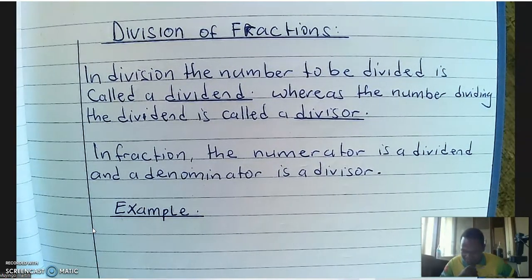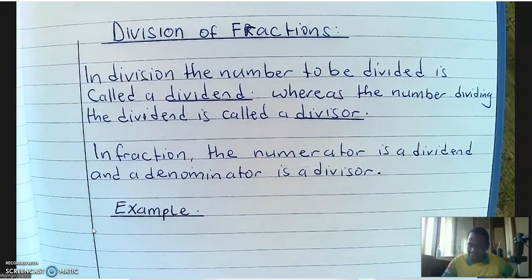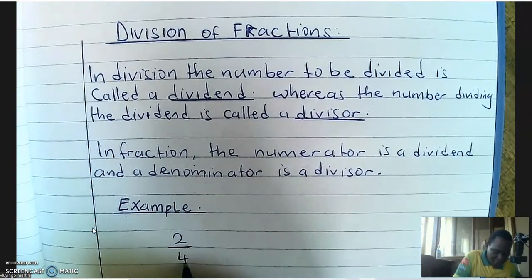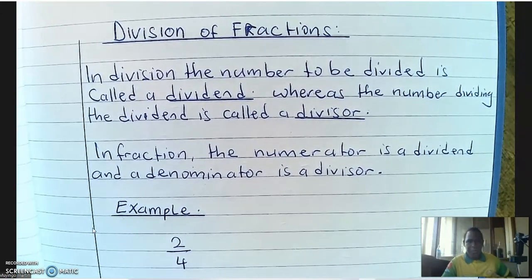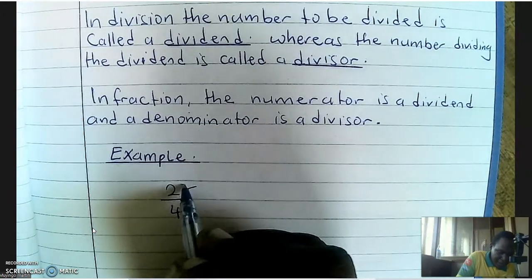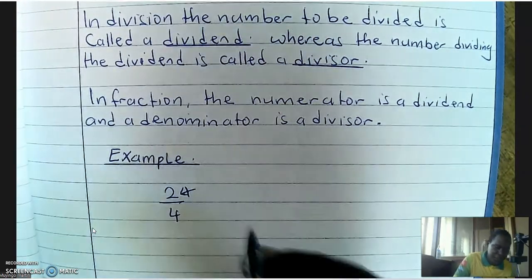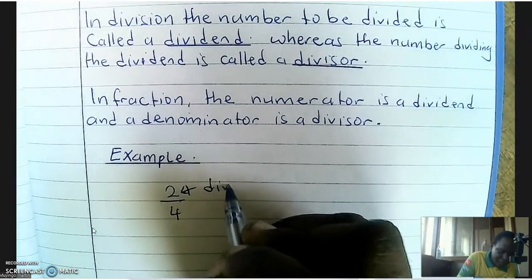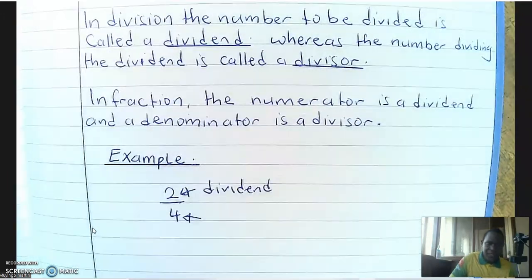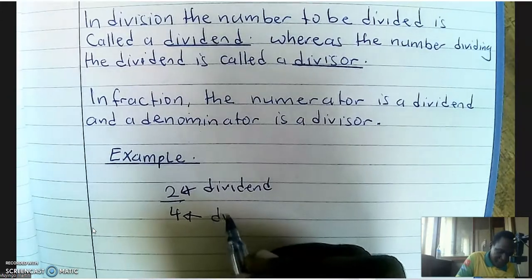Take an example. If I have a fraction, let me say 2 over 4, that's my fraction. In this case, the number up here, 2, is called the dividend, whereas the 4 which is down is called the divisor.